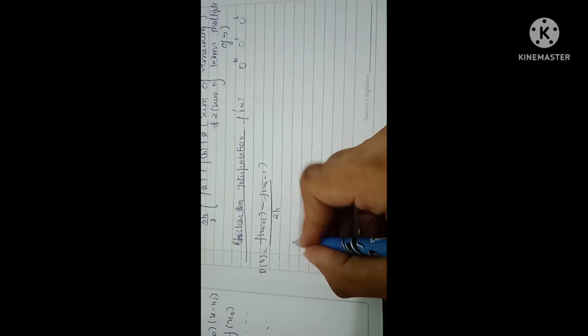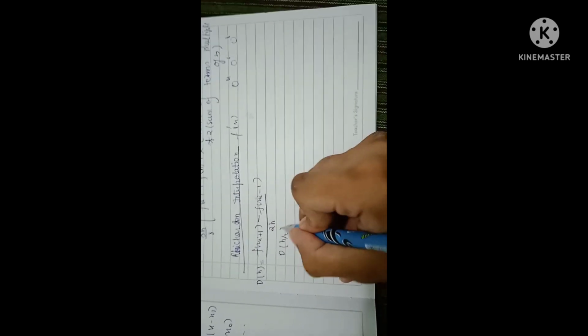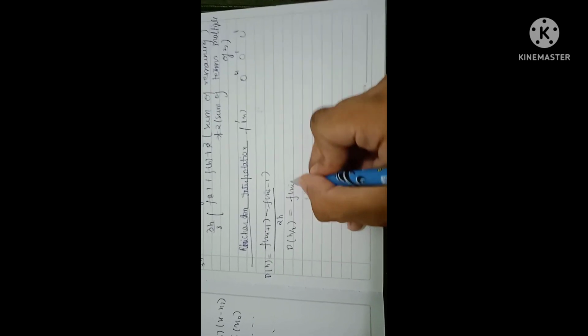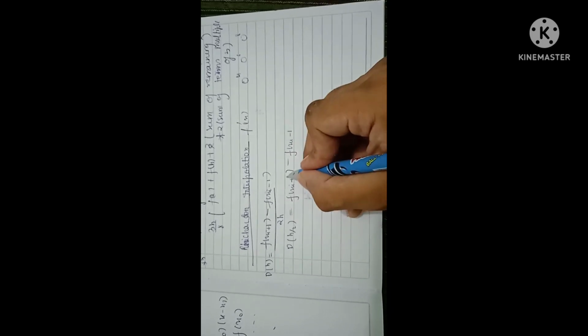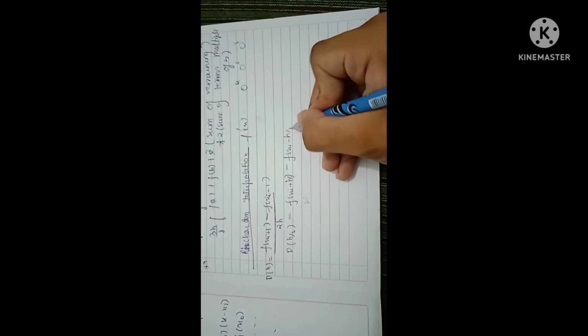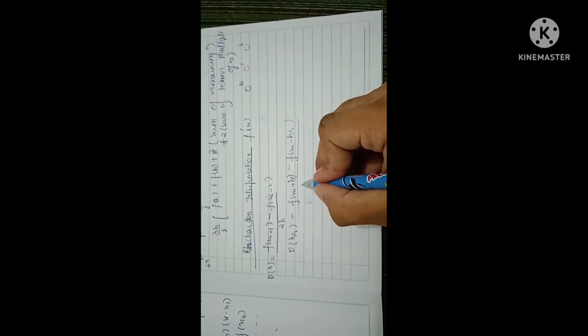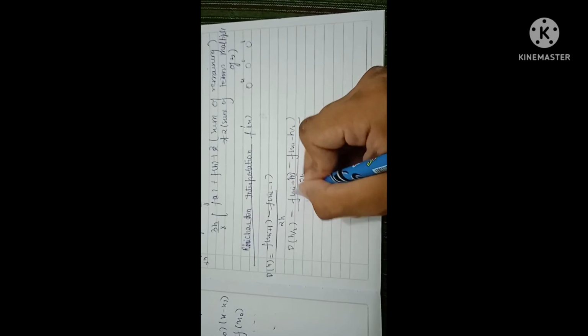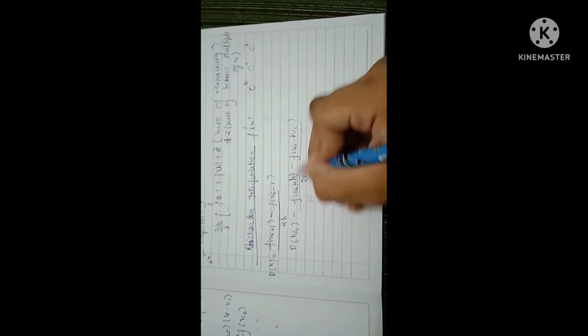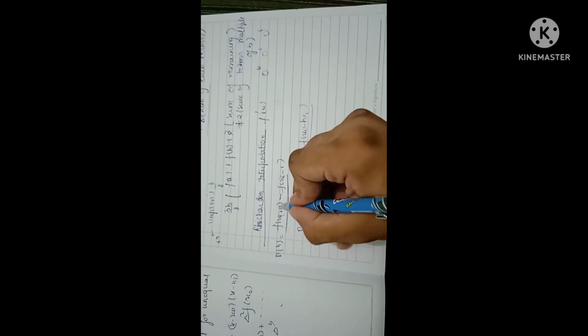We find D(h/2) as [f(xi+1) minus f(xi−1)] with h/2 upon 2h. This h/2 is outside this bracket, and this is like this.